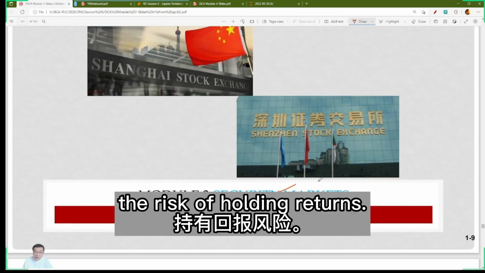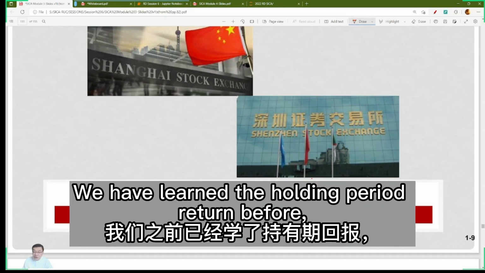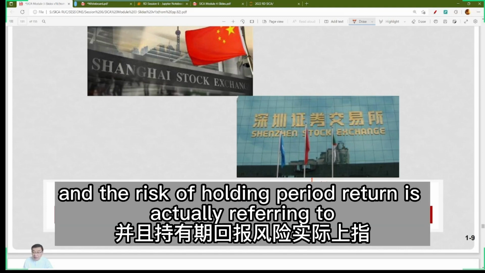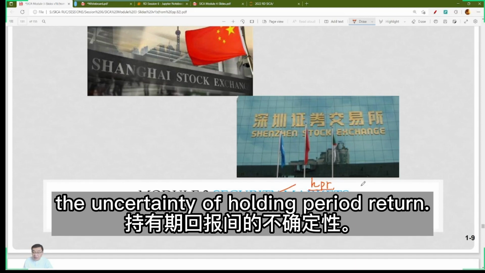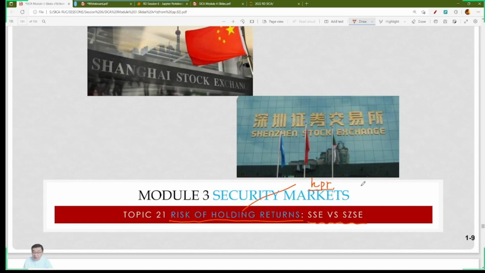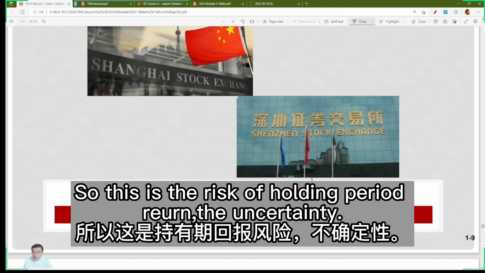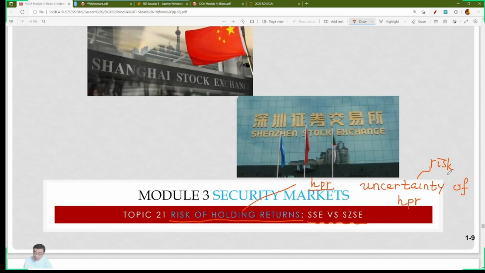We have learned the holding period return before, and the risk of holding period return actually refers to the uncertainty of holding period return.